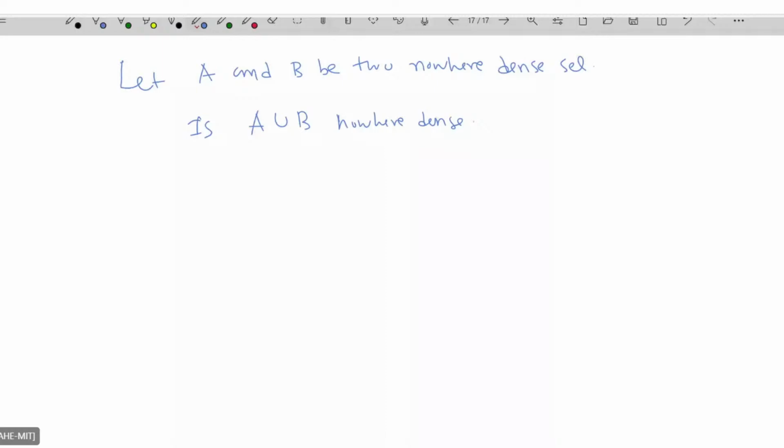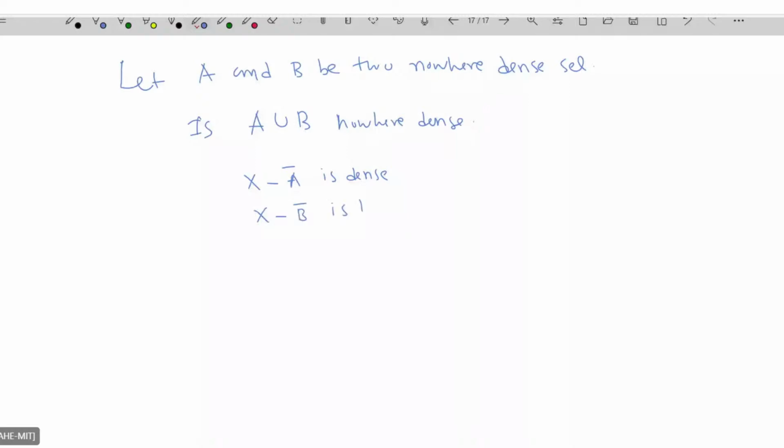Think about it the other way, denseness. We know that the closure of X minus A will be dense, and the closure of X minus B will be dense.